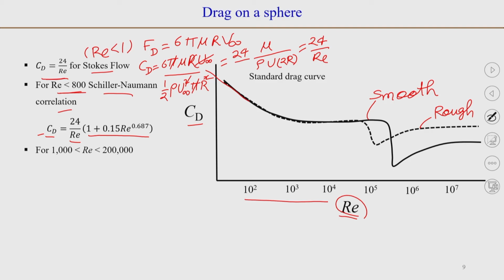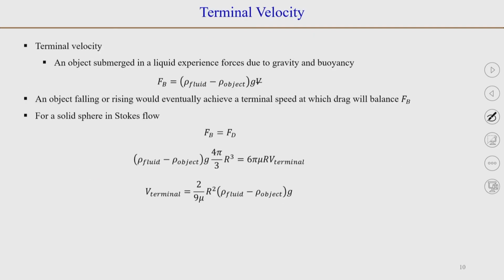Then as you can see from this graph here, in this region the value of C d becomes independent of Reynolds number. So, that is about 0.5 or say 0.44, C d is equal to about 0.44 there.